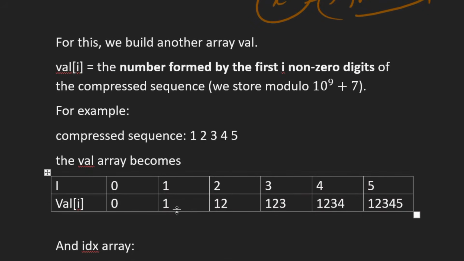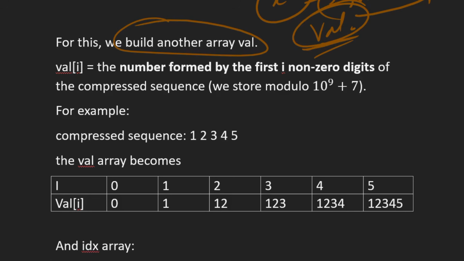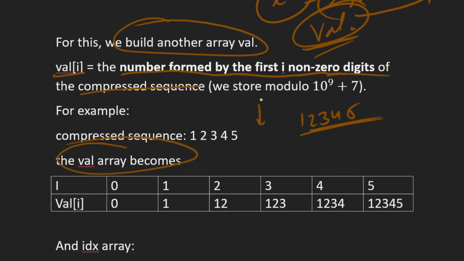For finding the exact number x, we build another array named value, where value of i will store the number formed by the first i non-zero digits of the compressed sequence. Our compressed sequence is 1 2 3 4 5. So what will our value array store? Before index 0, what is the number formed by the first 0 non-zero digits?